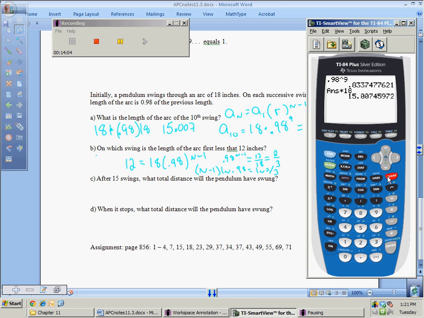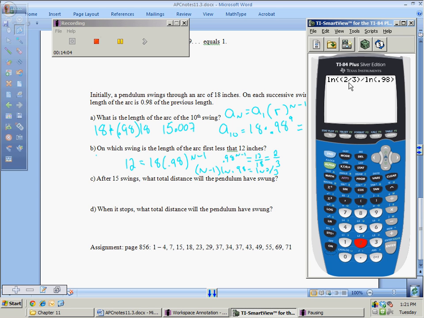ln of 2 divided by 3, divided by ln of 0.98, plus 1. What did I do wrong?